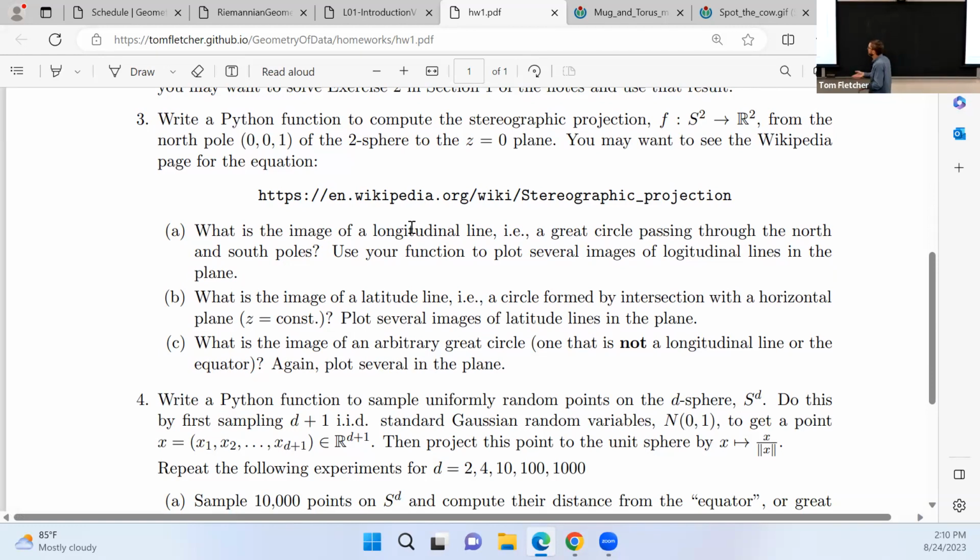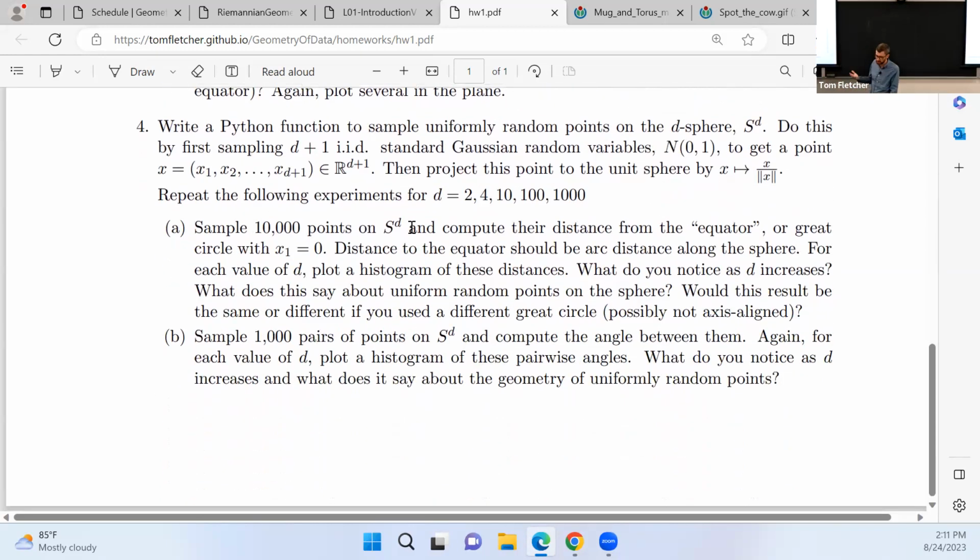The first one is to look at the stereographic projection and how you form a sphere from a 2D representation called the stereographic projection, and do some plots of that. And number 4 is going to be looking at this weird behavior of random points in high dimensions.